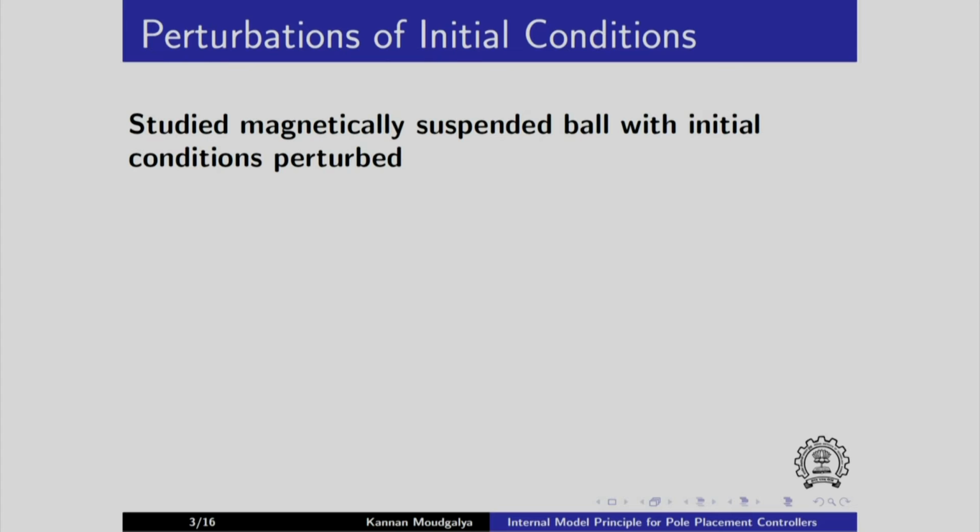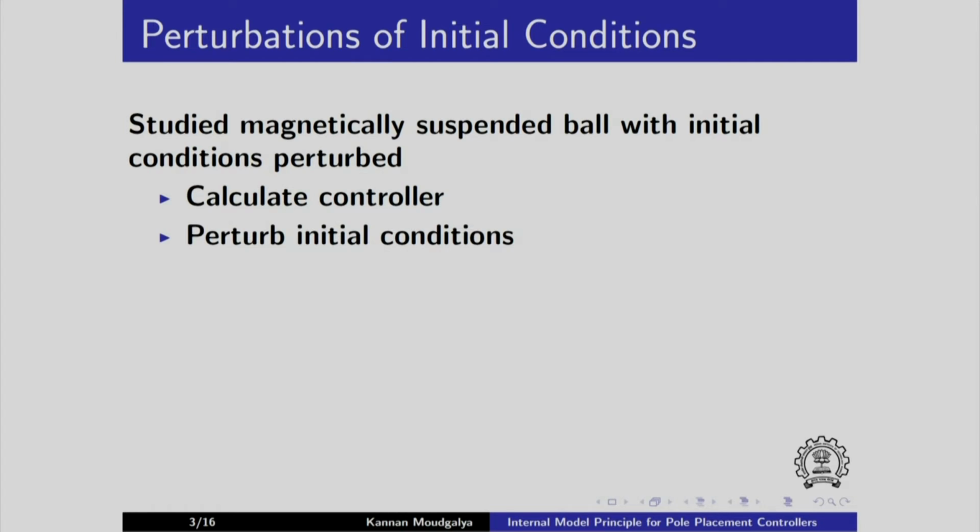We studied the magnetically suspended ball with initial conditions perturbed. We calculated the controller. We perturbed the initial conditions alone. The state x1 is the distance between the ball and the armature.